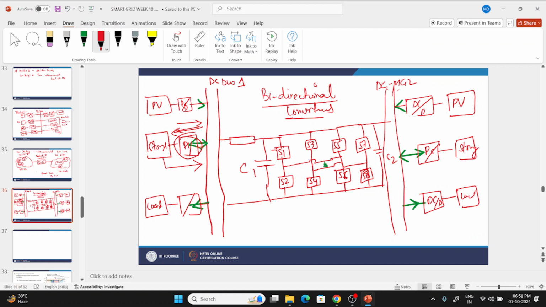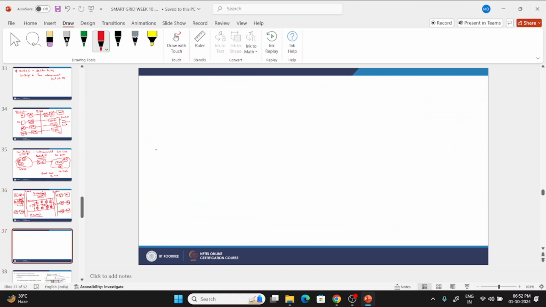Okay, so this is how bi-directional converters are connected. This whole system is known as ADCMG. What is it? ADCMG, which is autonomous microgrid.